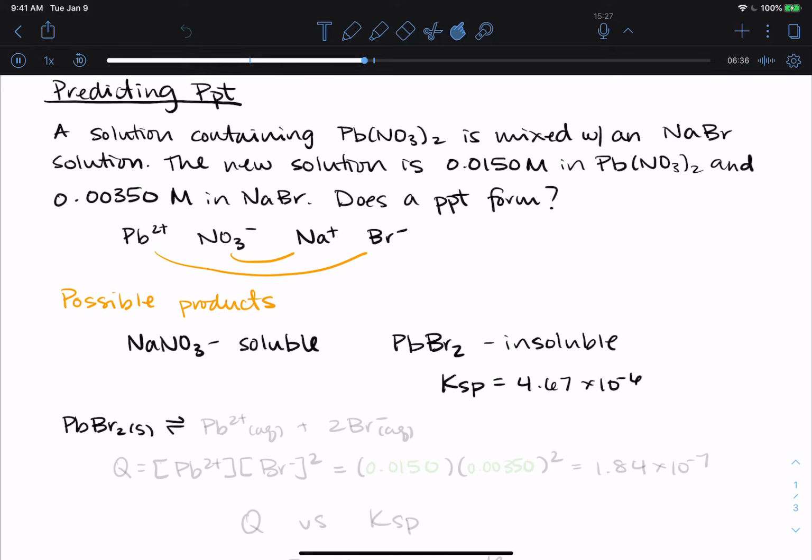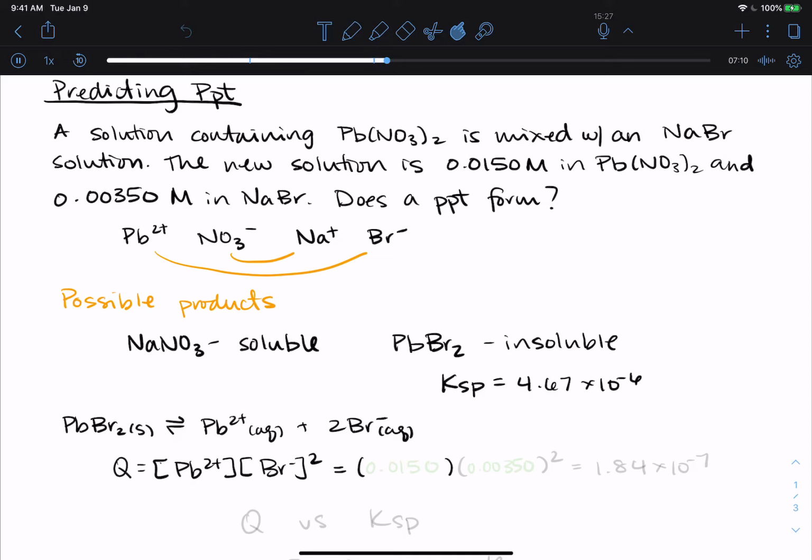So I would say you need the reaction to figure out what that's going to be. So lead bromide going into solution is Pb2+ and 2Br-. So my equilibrium constant expression, which is also how I'm going to calculate Q, is the concentration of Pb2+ times the concentration of Br- squared.